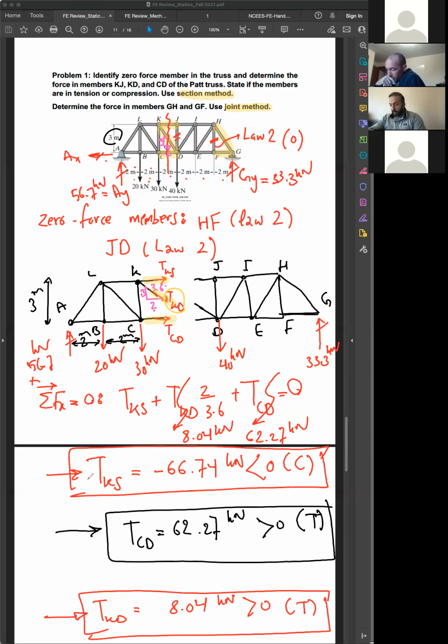So these are the three asked for in the method of sections. Any questions here? I'm going to give a break, like 5 minutes, but let's just finish the statics and then we go for the break and come back for mechanics of materials. I think that would be better.